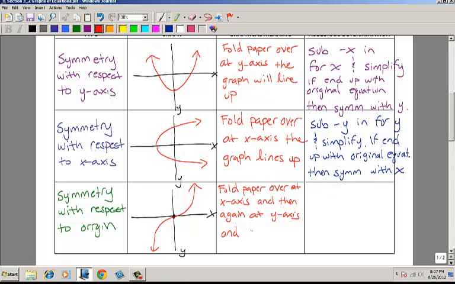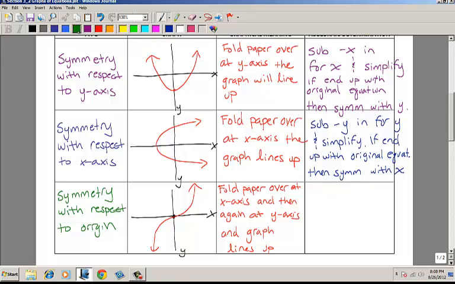And your graph would line up. Okay. So imagine if I fold it, this graph would be down here, or this line, this red line. If I fold it again at the y, then it would be over here. So my graph would end up lining up. So any point that exists here would exist over on the other side.